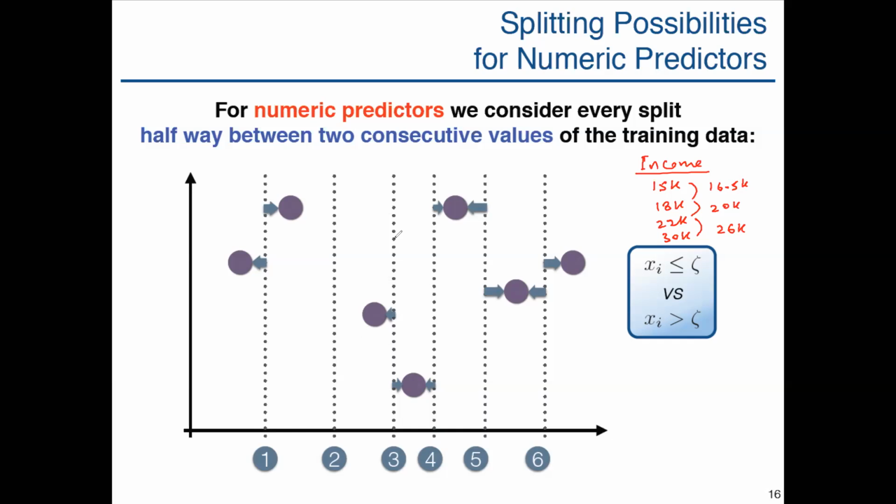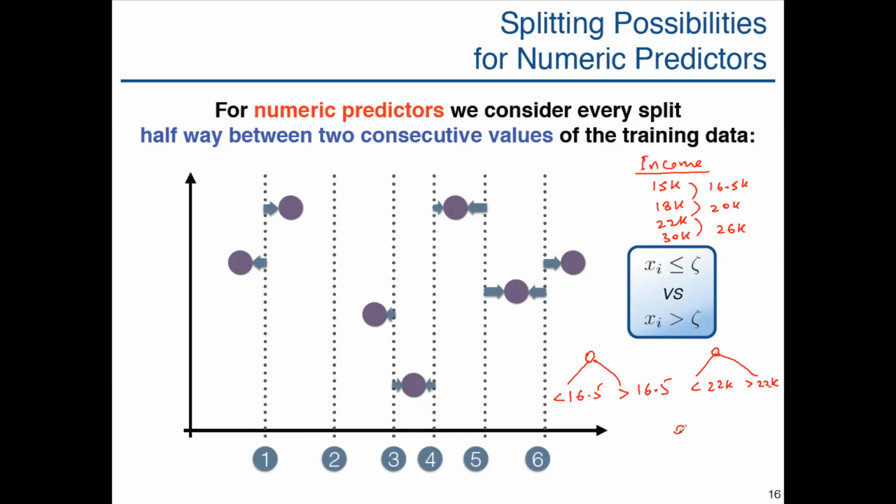So in this case, you are going to consider these different splits. One split could be less than or equal to 16.5, or less than 16.5, and the other possibility is greater than 16.5. So this is one possible split. You could have another possible split that is less than 22K, and the other is greater than 22K.